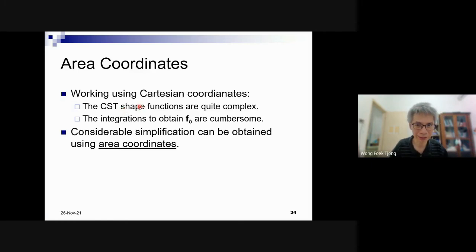And if we need integration for calculating the body force, like we did in this example, it's quite cumbersome. To simplify the shape function and integration, we may use what are so-called area coordinates. I will introduce the area coordinates now.